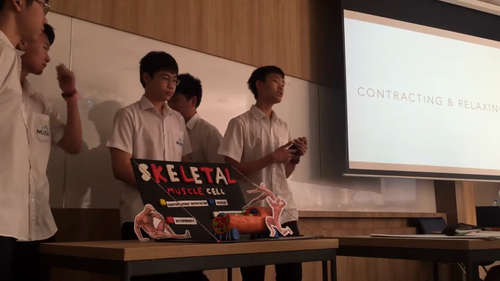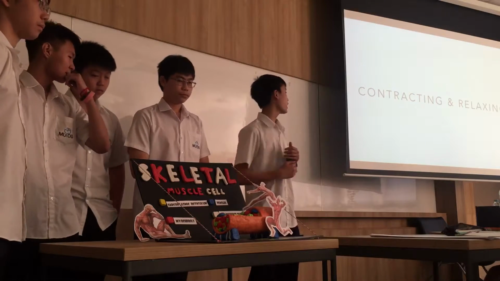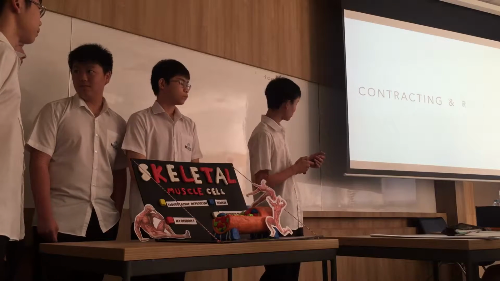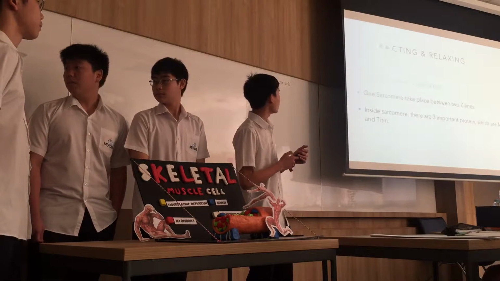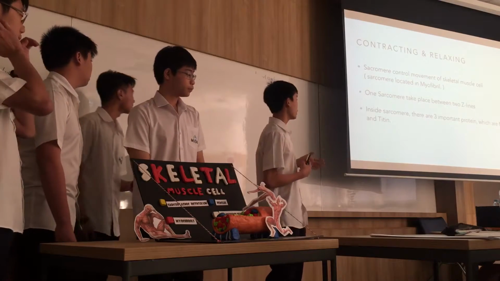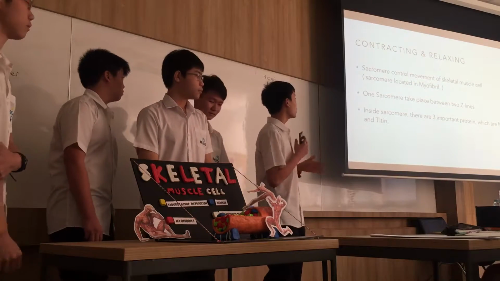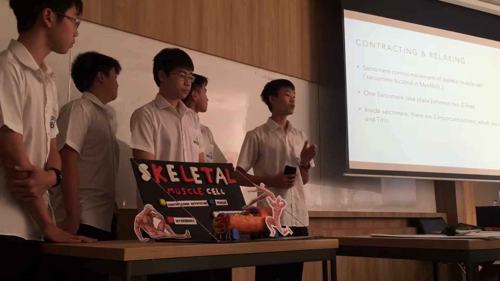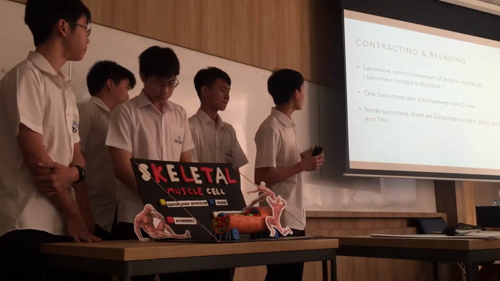So next, I'm going to talk about the contracting and relaxing function. Contracting and relaxing occur inside the myofibril. Inside the myofibril, there is a small unit called the sarcomere.